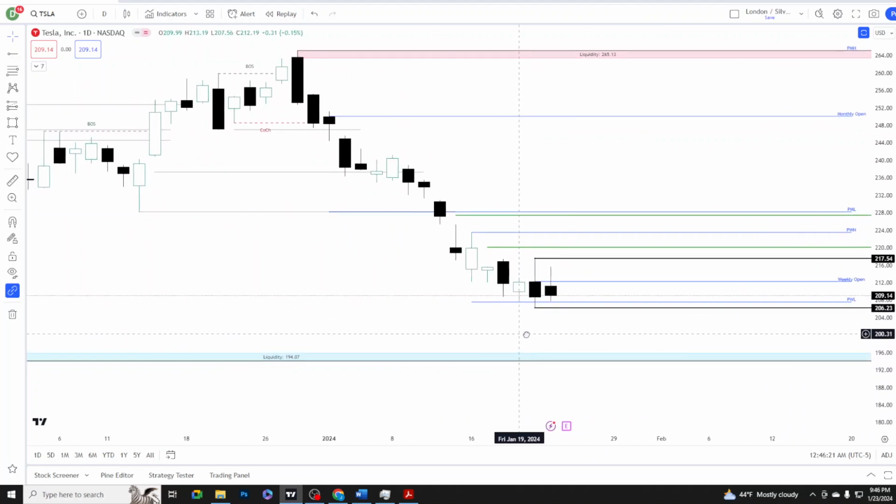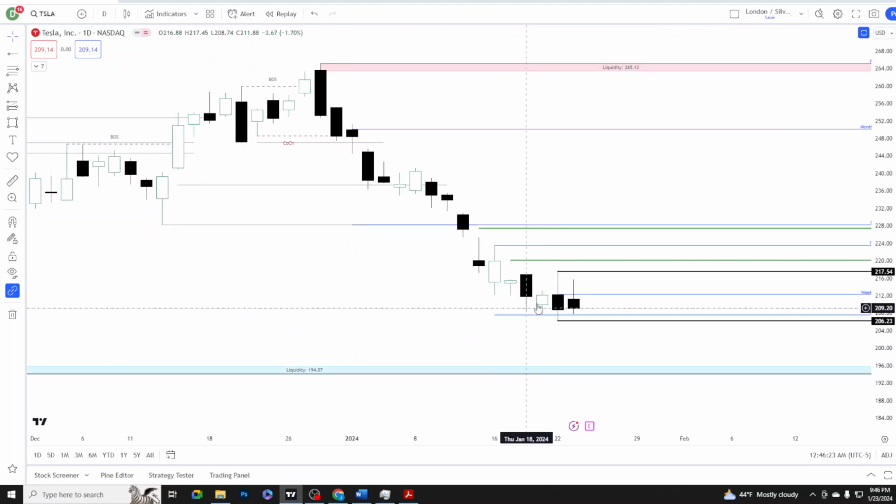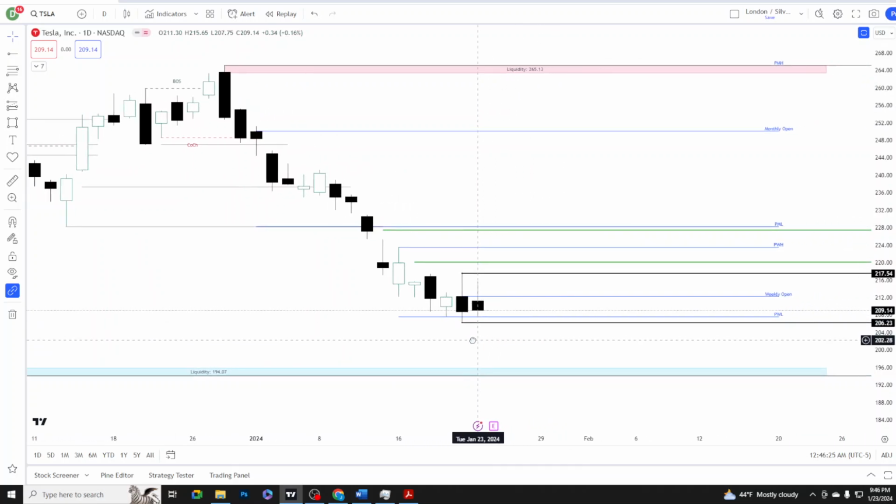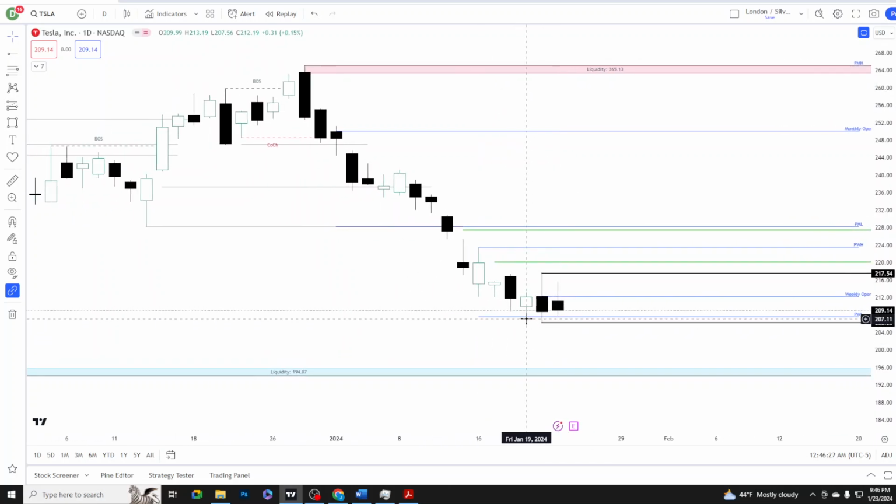We also have in this blue level, on Monday we had a run on the previous week's low that was found on the Friday the 19th candle. We talked about that wick low, right? We've seen a lot of bounce in this area, and if we draw that out, we can see how much bounce we've had in this section.